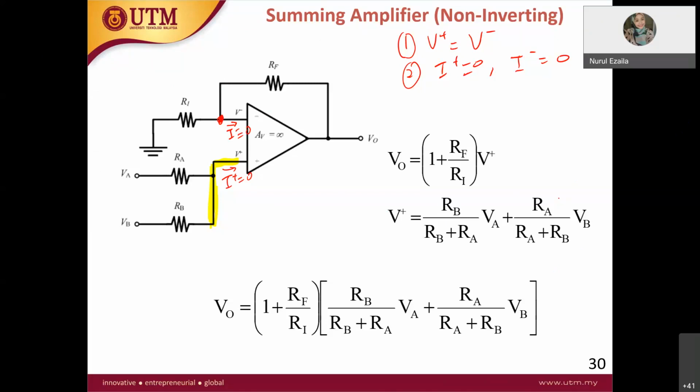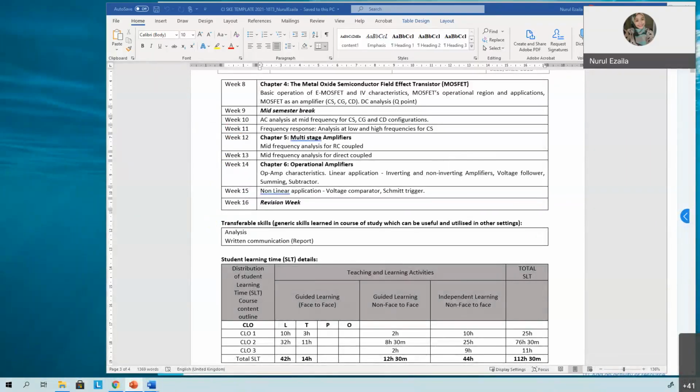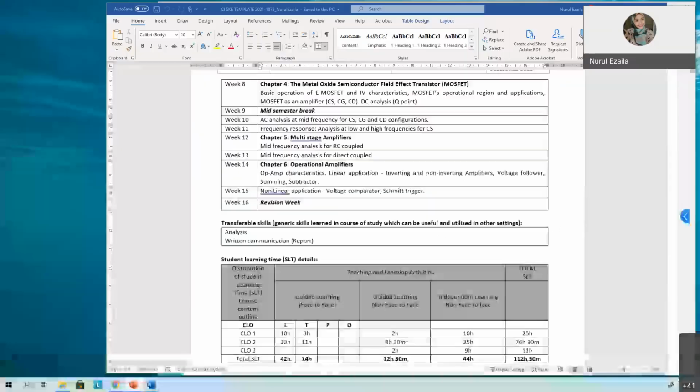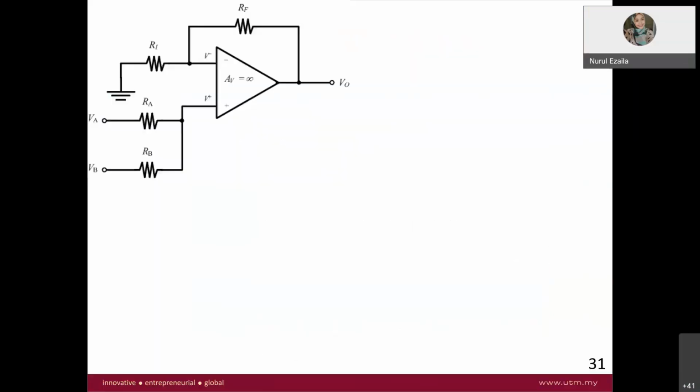Before that, I need to add my slide for derivation. So I need to copy because I'm lazy to draw. So let's do it together.